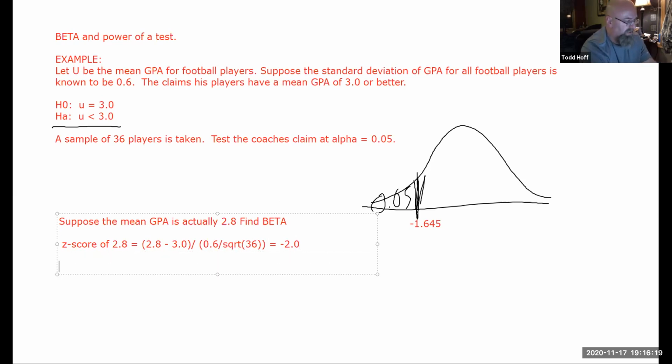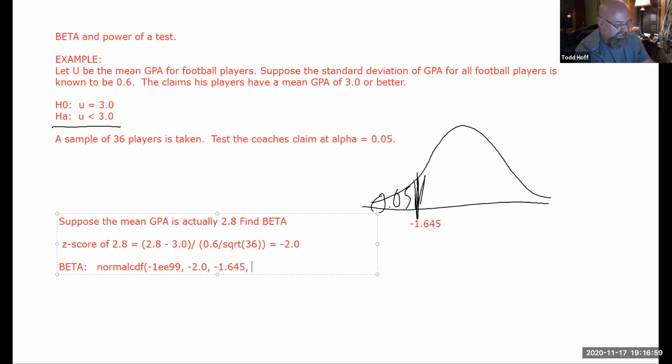So our beta is found by doing a normal CDF of less than our z-score for this value. It's less than because the alternative hypothesis is less than. So this will be negative 1E99, comma, negative 2.0. But now instead of using a standard normal distribution, we slide our mean over to be our critical value, the negative 1.645.